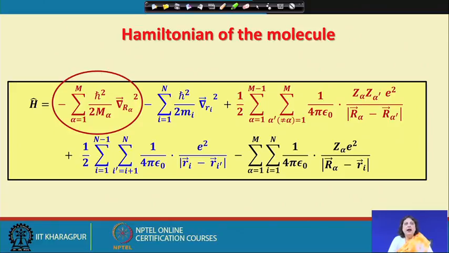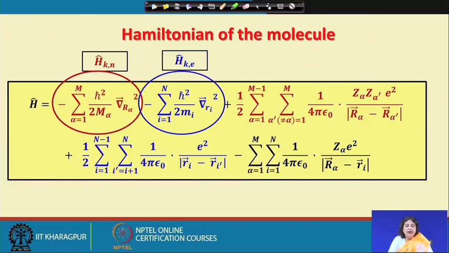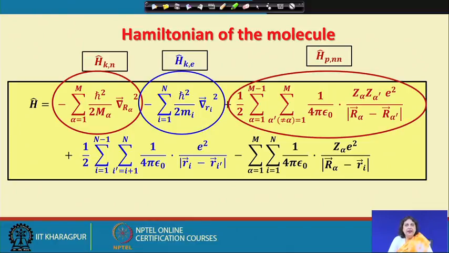Initially I have this term which represents the Hamiltonian corresponding to the kinetic energy of the capital M nuclei present in the system. Then I also have the part of the Hamiltonian which represents the kinetic energy of all the capital N electrons in the system, and then I start having the potential energy terms.